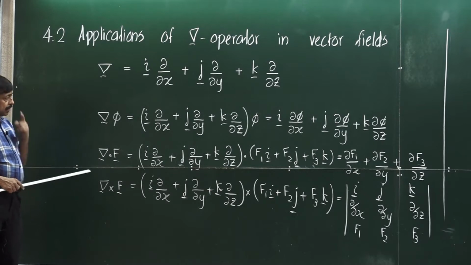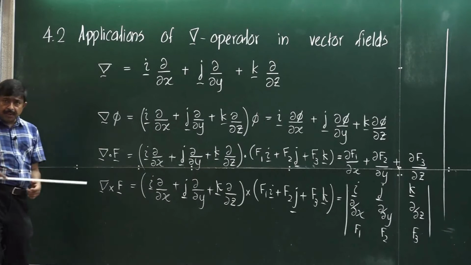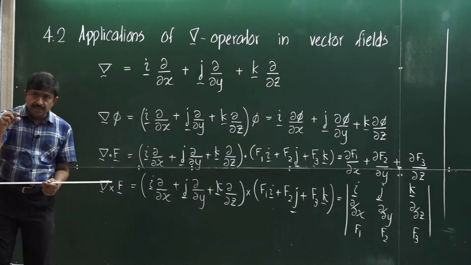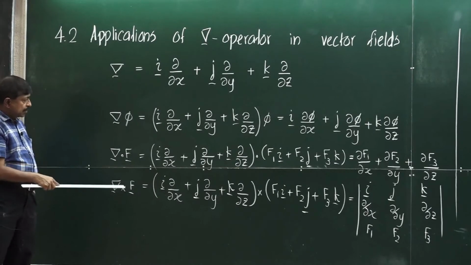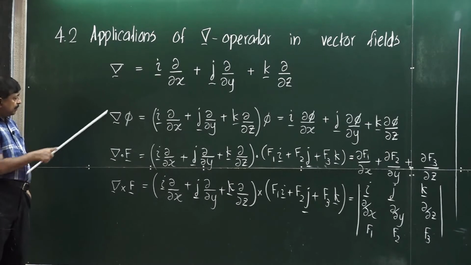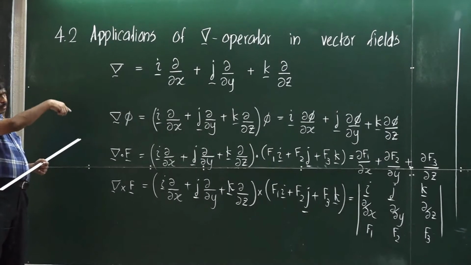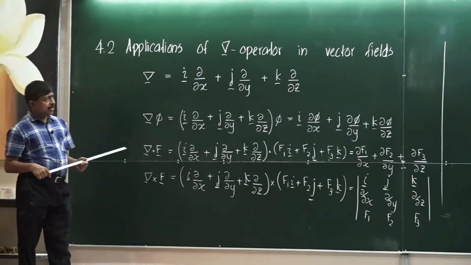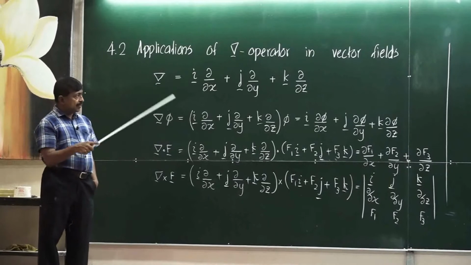Now, we will look into the physical interpretation, the physical significance of these three. They play an important role in vector fields. We will see what they are. The next part of the presentation has a tree-like structure. We take one after the other.